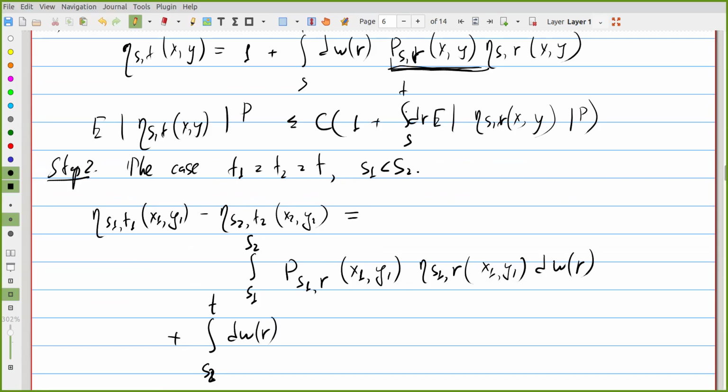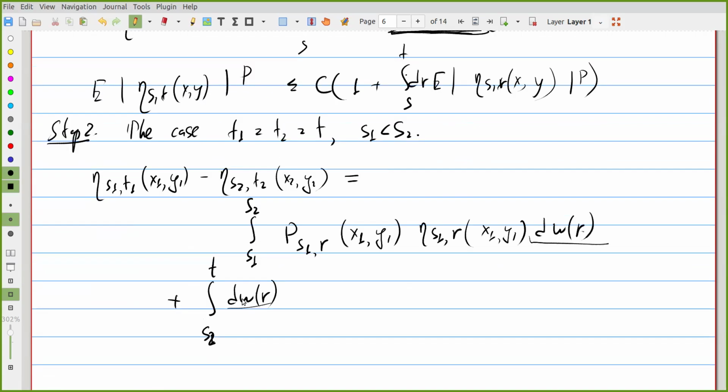Now, purists would blame me and criticize me heavily for writing this differential here and then here, but I think it's much easier to understand when the differential is written just after the sign of the integral it belongs to.